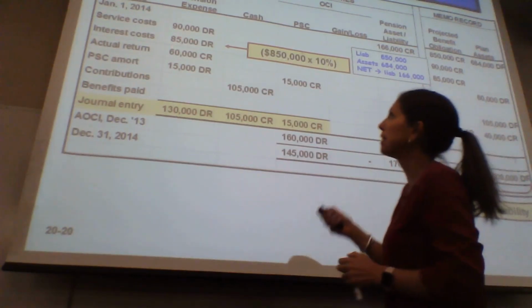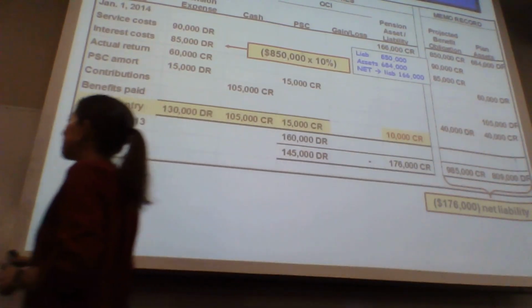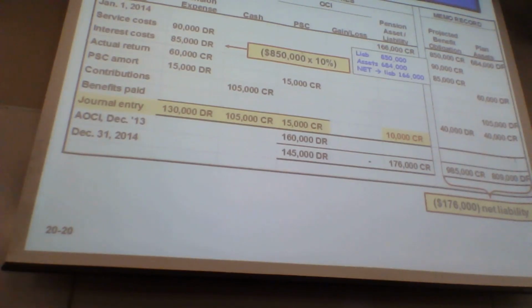The third component is a return. In this example, we don't distinguish between what the actual and expected return is. We'll talk more about that on Monday. Here we assume it's the same thing. The actual and expected return is $60,000.